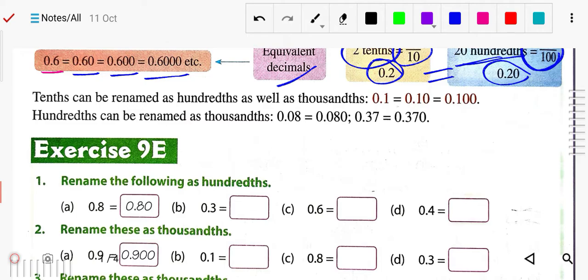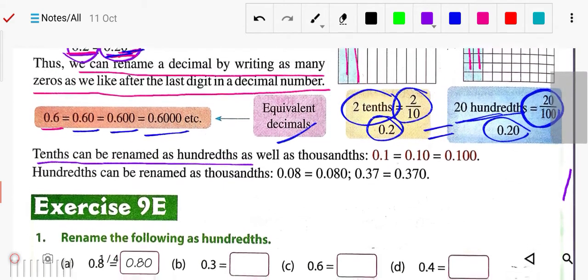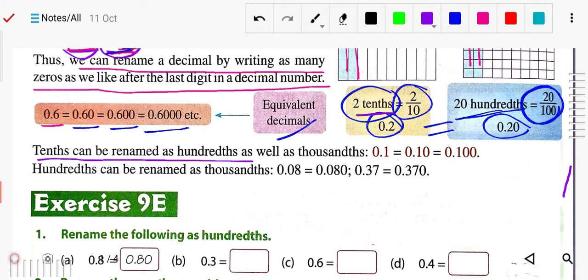We have just given a new name: tenths, we are just calling hundredths. After adding the extra zero, 1000 can be 10,000, and 100 can be 1000. Likewise it can be renamed by putting extra zeros after the last digit of your decimal.